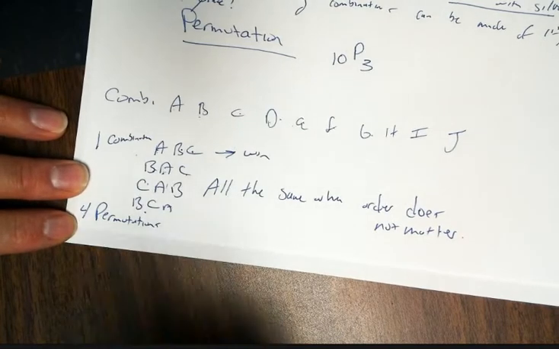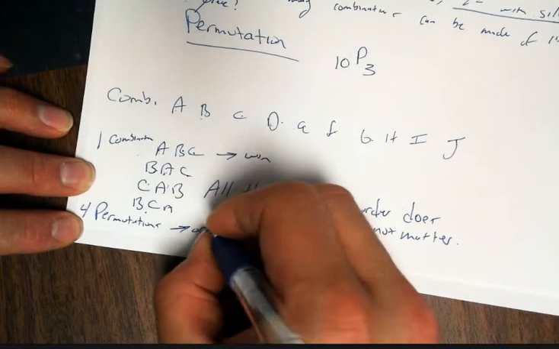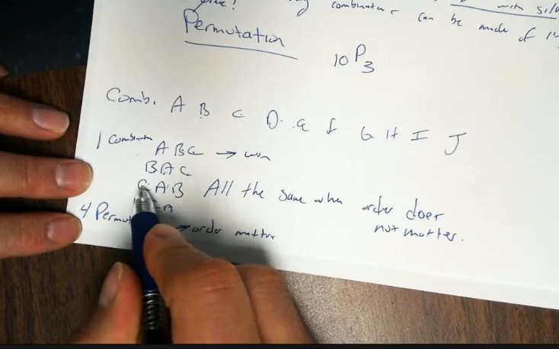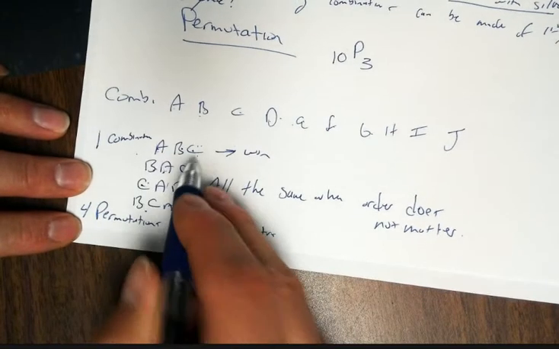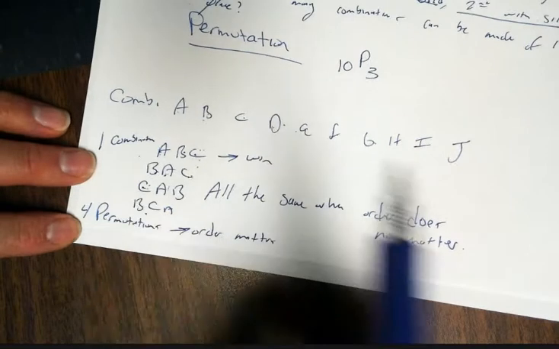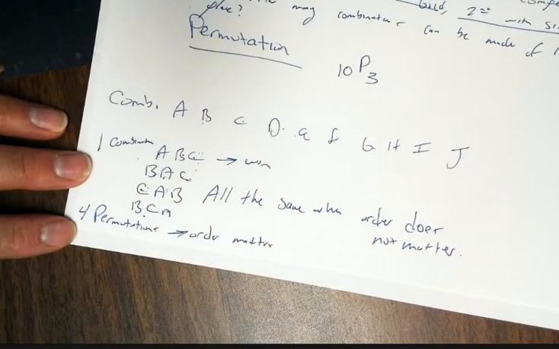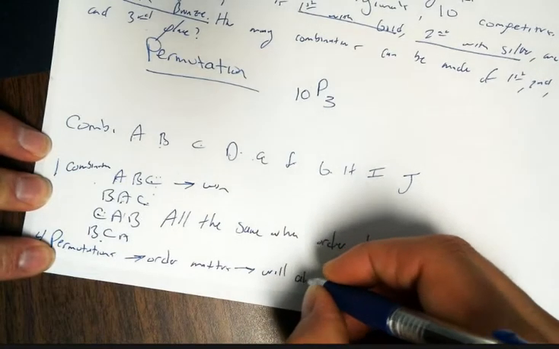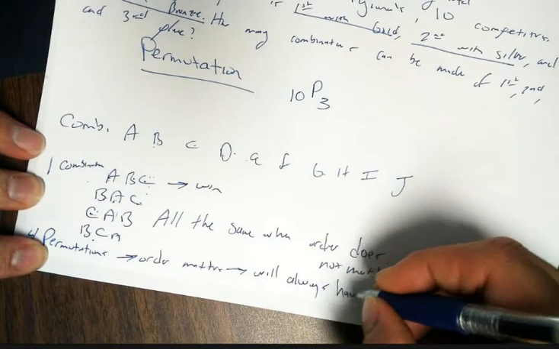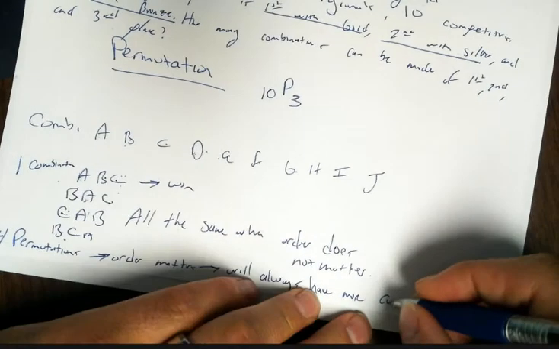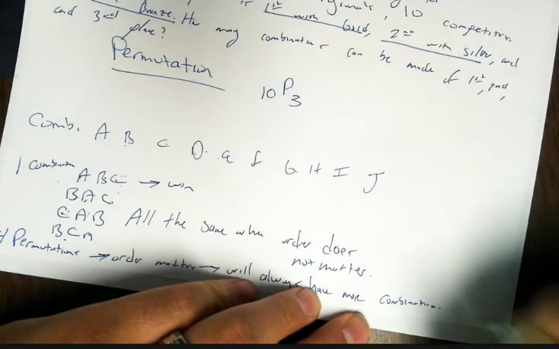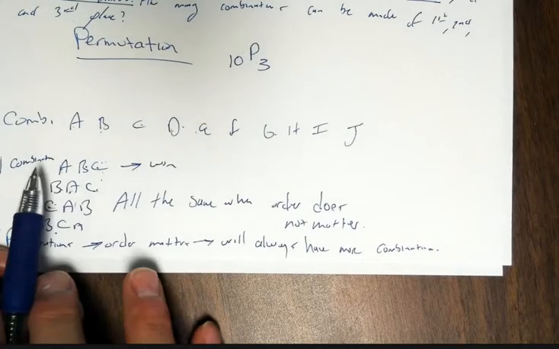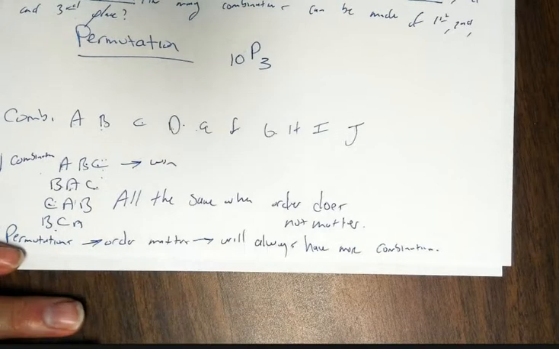And this is because order matters. This guy's getting gold here. Here, in both of these, he's getting bronze. Totally different order there. So it's very simple. An easy thing to remember is when order matters, you will always have more permutations than if it was a combination and order didn't matter. Something real simple, real easy.